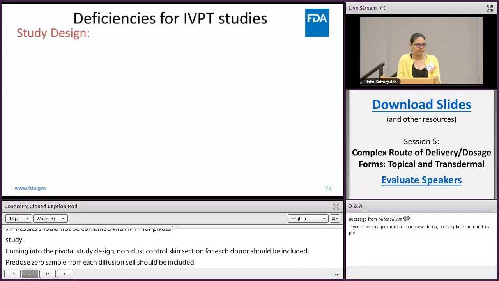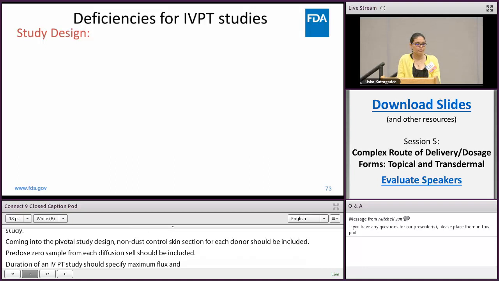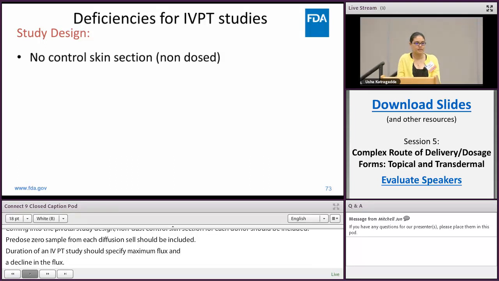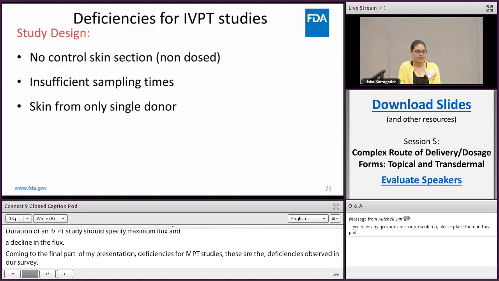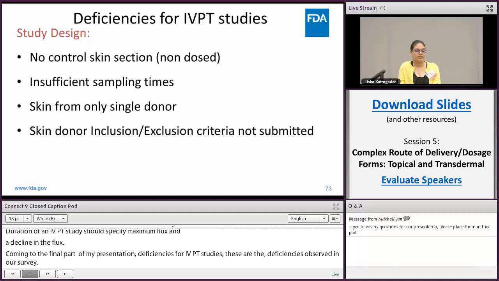Coming to the important and final part of my presentation, deficiencies for IVPT studies. These are the common deficiencies we observed in our survey. Not including control skin section, insufficient sampling times. Again, as I explained before, skin from only a single donor is included in the pilot study. Skin donor inclusion exclusion criteria not submitted.